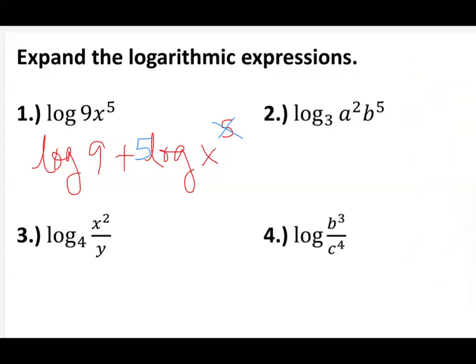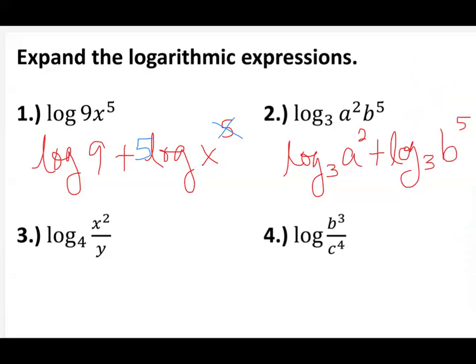Okay, so now we got it, 2 of them. So we're going to go log base 3 of a squared. And if you can do it without steps, then go for that too. You get so good, you can do it without steps. I'll go ahead and do the second step here.